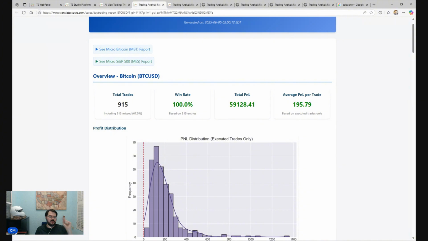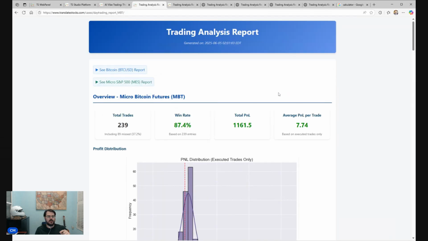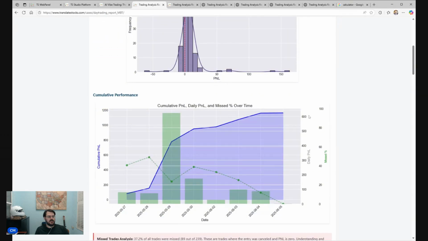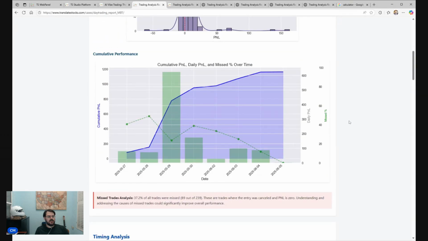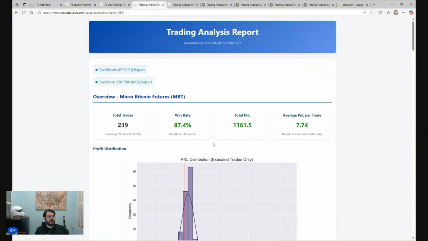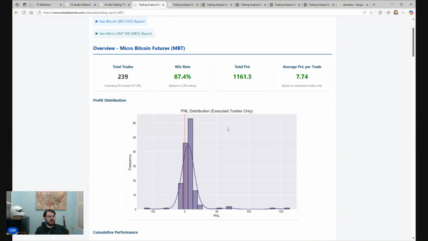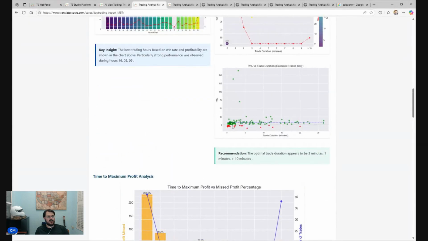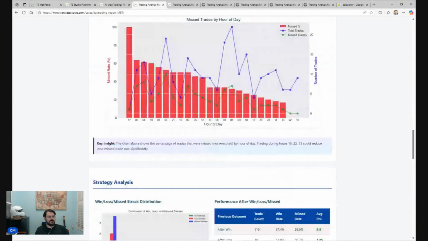But if you change the Bitcoin for the micro Bitcoin, then we have this report here. That's a new report. We started having data for this kind of trade 1 week ago. But as you can see, we have all days with profits. We actually have very few losses here.